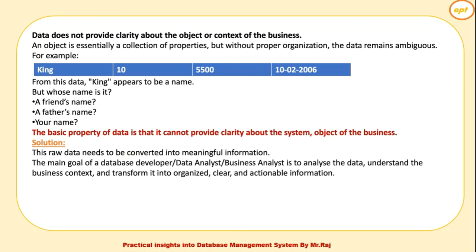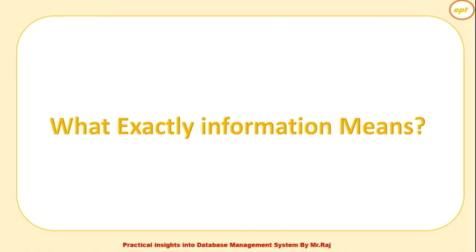All right, we'll move further. What exactly does information mean? Tell me. We have talked about data so much, and we have given a hint also, right? So now tell me, you already understood a little bit, I believe.